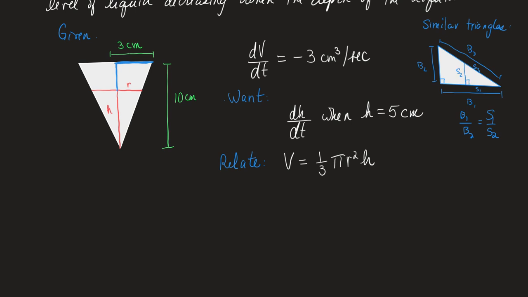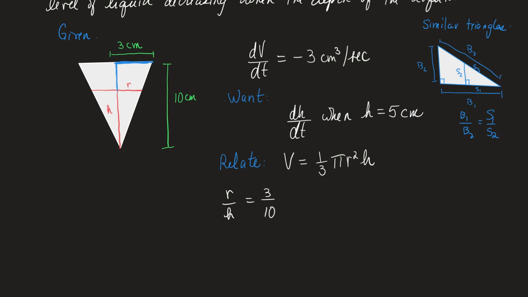So back to our picture. We have this is 10, this is 3, this is R, this is H. Those are corresponding sides. So that tells us that R over H, so you take the corresponding side to R, and that's 3. So R over H is 3 over 10.